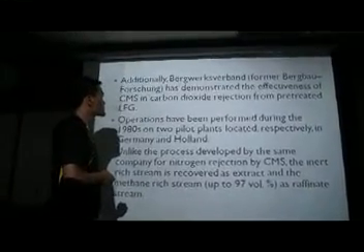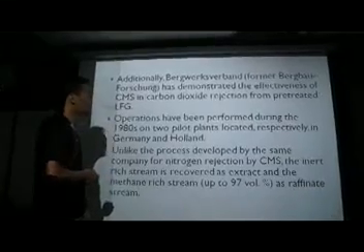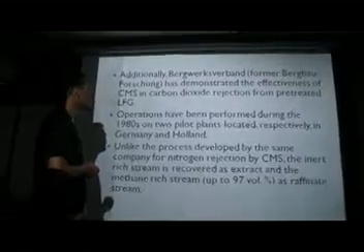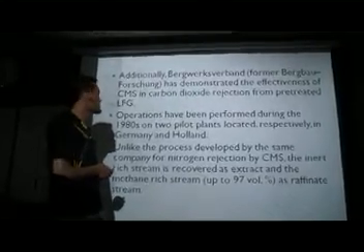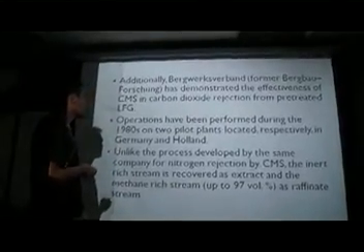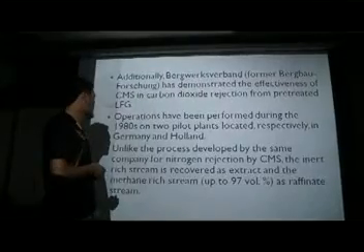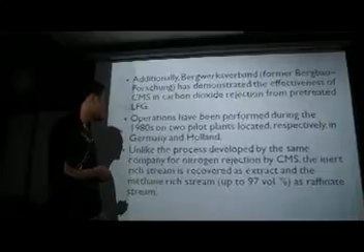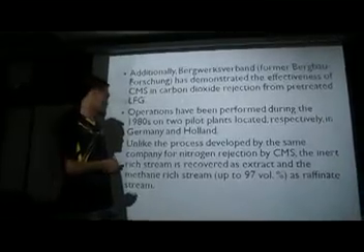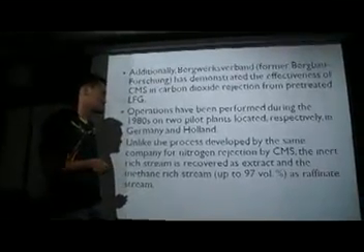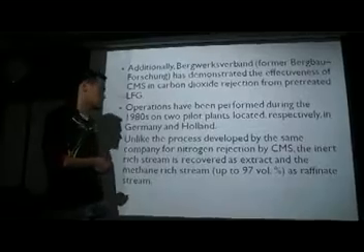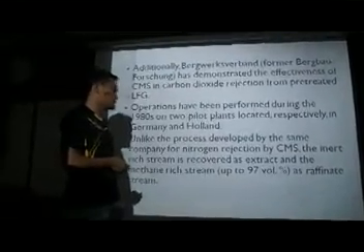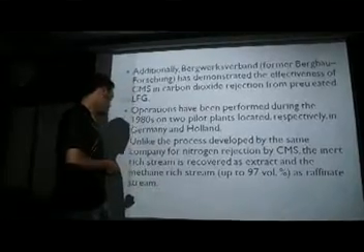Additionally, Bourbon has demonstrated the effectiveness of CMS in carbon dioxide rejection from pre-treated LFG. Operation was performed during the 1980s on two pilot plants located respectively in Germany and Holland. Unlike the process developed by the same company for nitrogen rejection by CMS, the inert-rich stream is recovered as extract, and the methane-rich stream, with up to 97% volume, as raffinate stream.